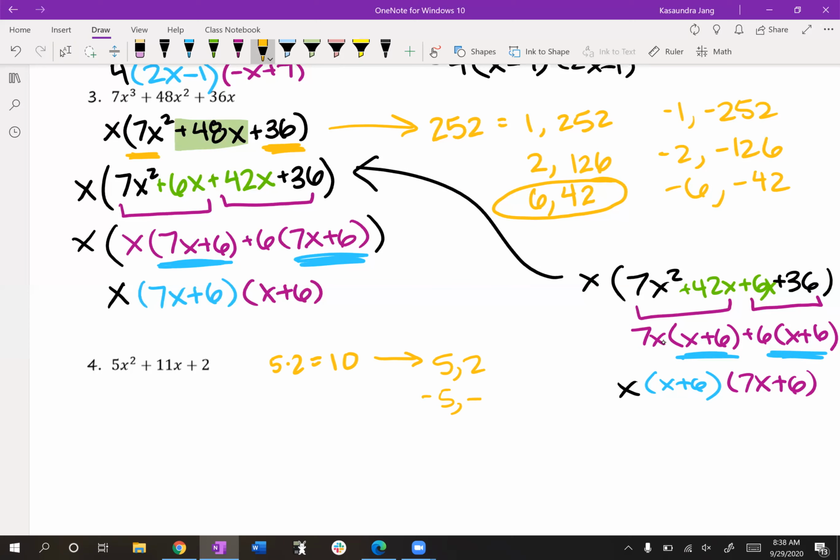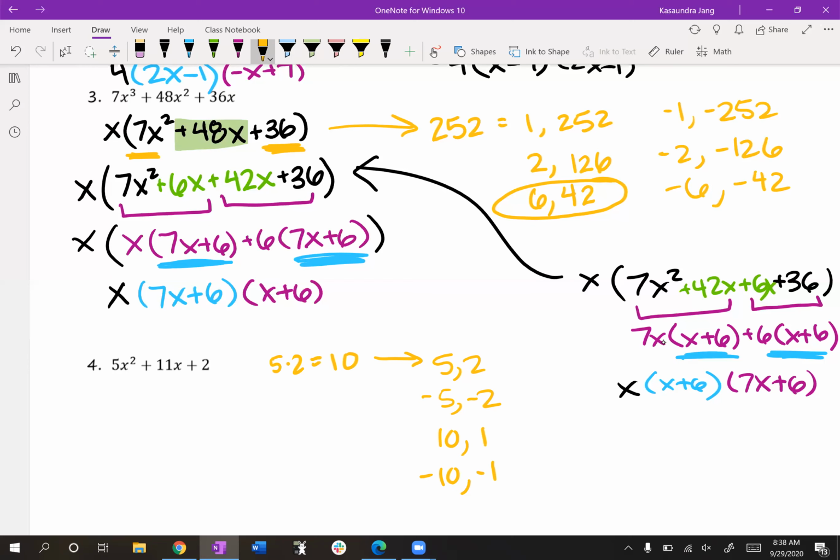That multiplies to be positive 10. Anything else that multiplies to be 10? What do you think, Frida? 10 and 1. Okay. In fact, 10 and 1 or negative 10 and negative 1 also multiplies to be the 10.